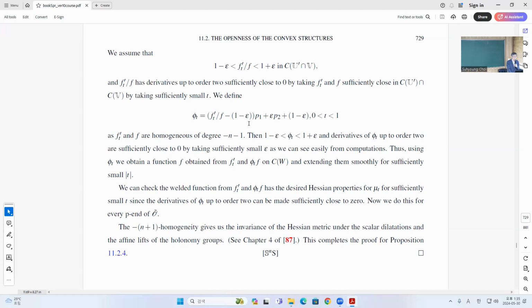Okay, so P1, P2 are fixed, so as long as you make epsilon very small, you can always get these very close. So you see that these two functions can now be patched together. So now we have a desired Hessian function close to the original one.